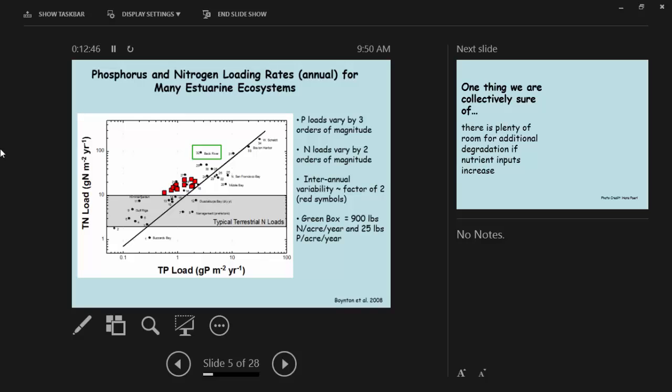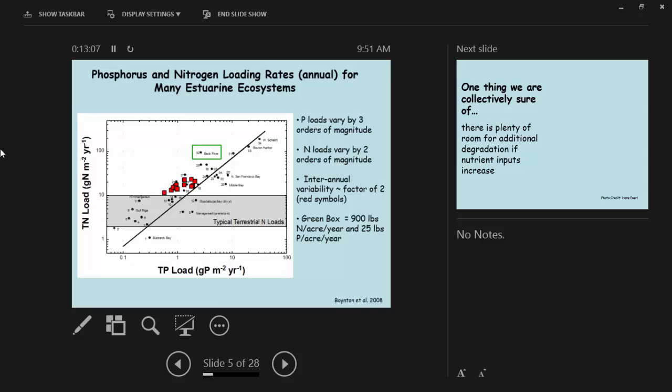In wet years, the loads are higher than they are in dry years. So what we need to keep in mind is we're not looking at something that's static, but rather something relatively dynamic. Many of the systems of the Chesapeake have nutrient load variations between drought and flood years by about a factor of 2.